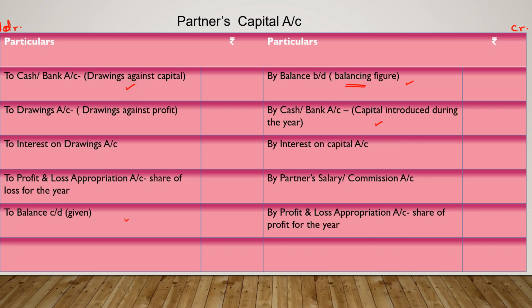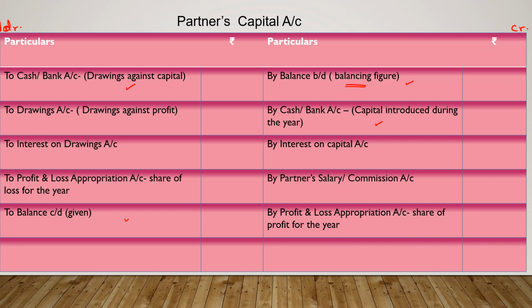What about the rest of the items? These rest of the items related to interest on capital or remuneration or the share of profit or loss and interest on drawings, or the drawings against profit, would be going through the current account. Therefore, to find out the opening capital when the capital is fixed, it would be simple. You will be just adjusting the amounts related to capital introduced and drawings against capital.